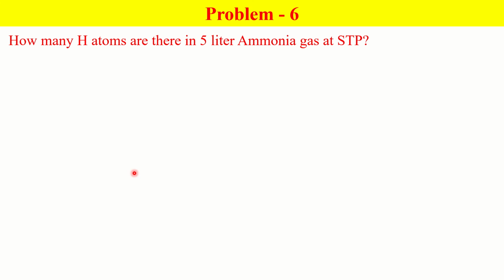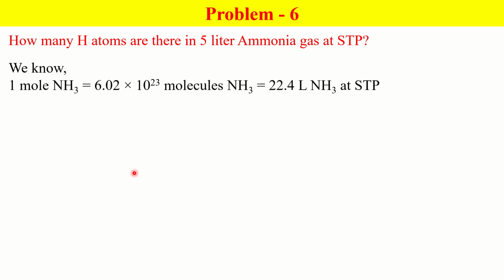So here we will relate the mole with its volume and also the number of molecules. 1 mole ammonia equals 6.02 × 10^23 molecules ammonia equals 22.4 liter ammonia at STP.